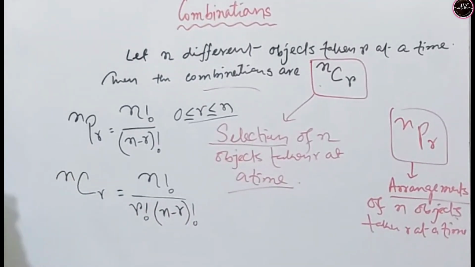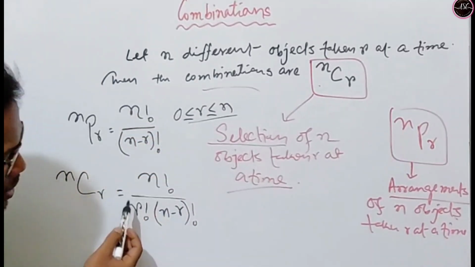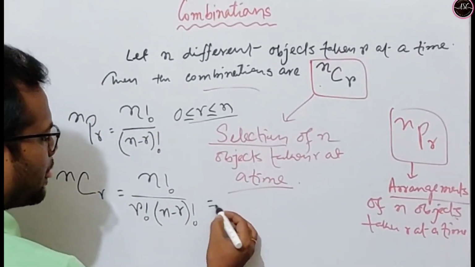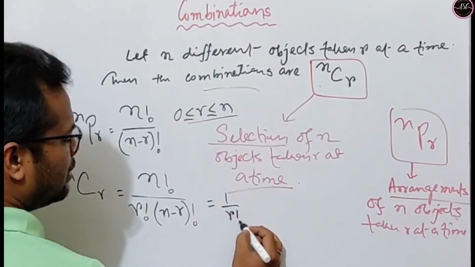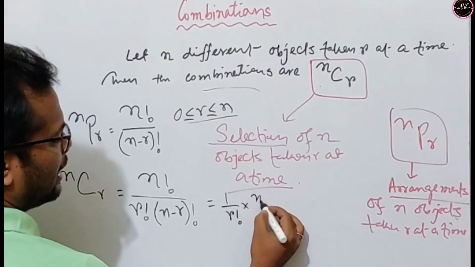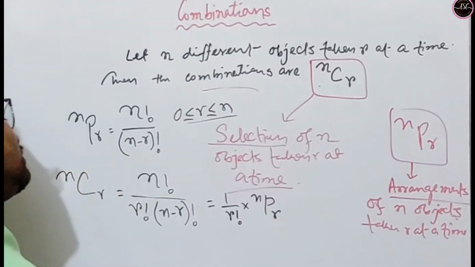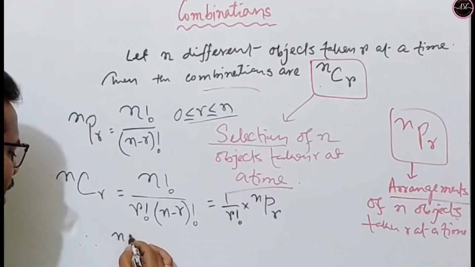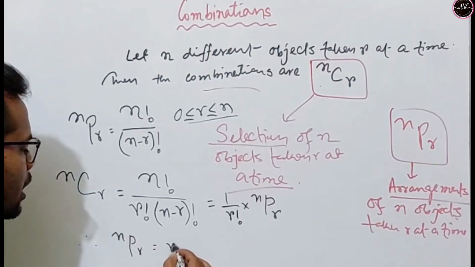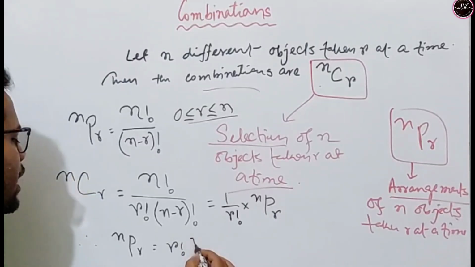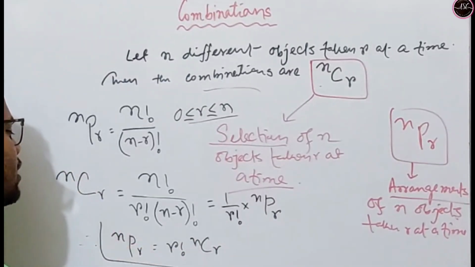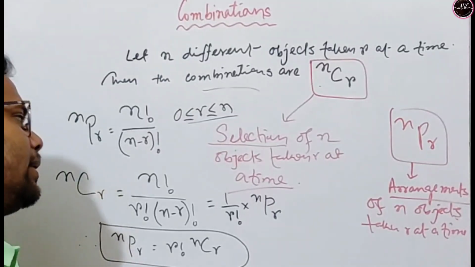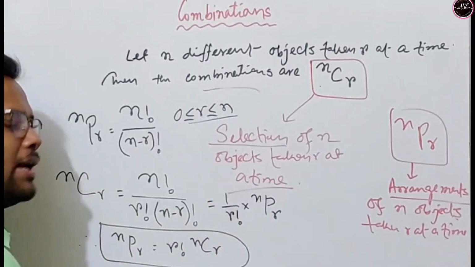Okay, this is similar type to this, but here 1 by r factorial is extra. So this can be written as 1 by r factorial into nPr. Okay, so in short form this can be written as nPr equal to r factorial into nCr. This is the shortest form, and this is also the relation between permutation and combination.